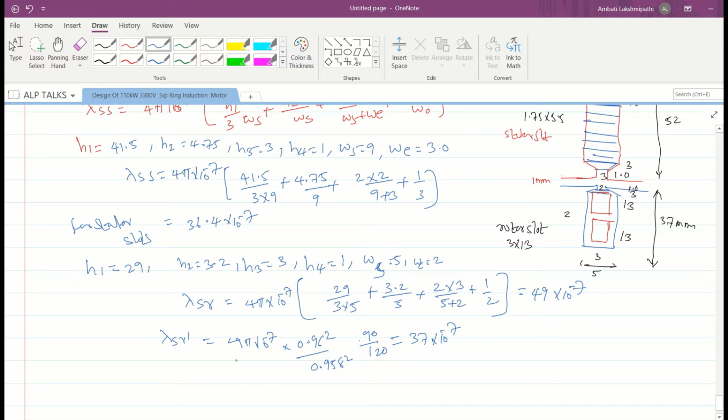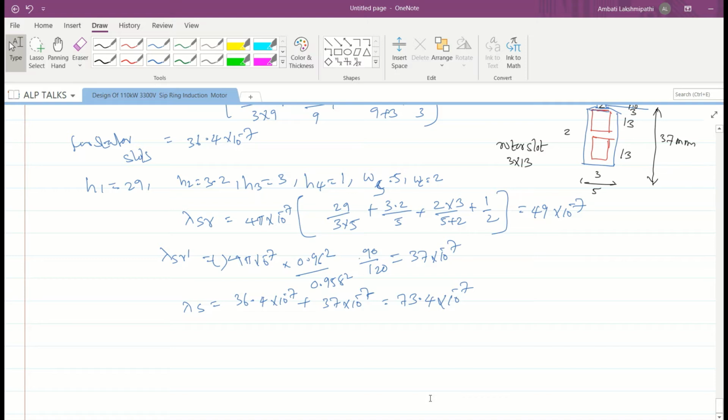We just converted it to the other side. Finally, if you refer to the stator side, what is the permeance value? 36.4 into 10 power minus 7, the stator alone value, plus the calculated value from the rotor side, 37 into 10 power minus 7. Together they contribute 73.4 into 10 power minus 7.